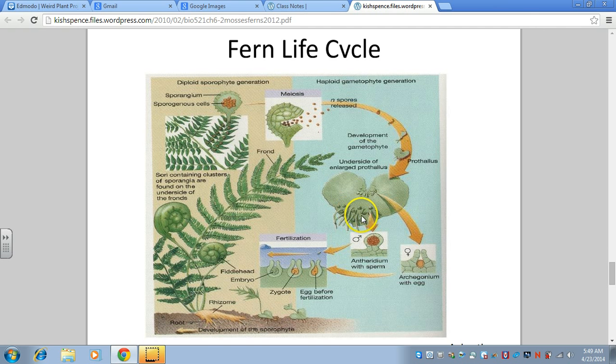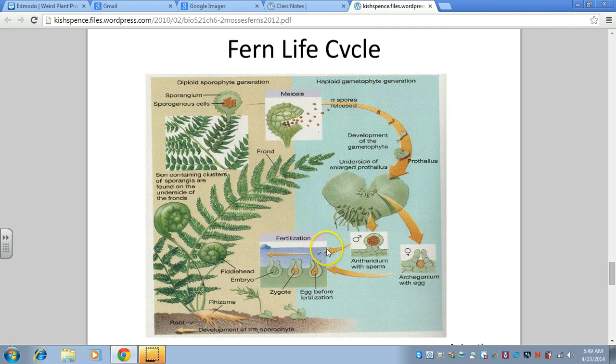Okay, and on the prothallus, on the underside, there's male and female parts. And these terms are the same as what they were for the moss. So there's the antheridium, or antheridia plural, which produce the sperm, and archegonia, or archegonium singular, which produce the eggs.